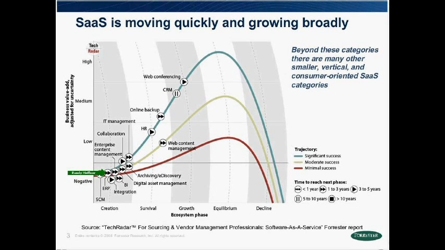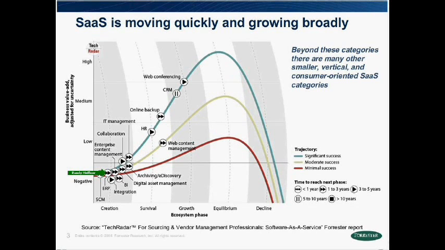So what does all this mean to you? Well, you get nearly half the folks already interested or already making plans for SaaS, with the vast majority interested. You see these different kinds moving quickly and maturing in the market. What that means is very likely software as a service is in your future. And so you need to be putting some thought into what we are going to do about this.